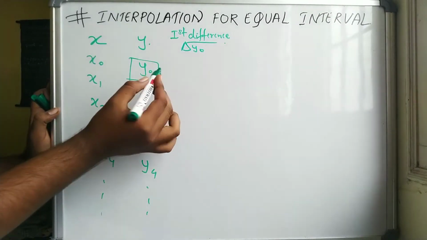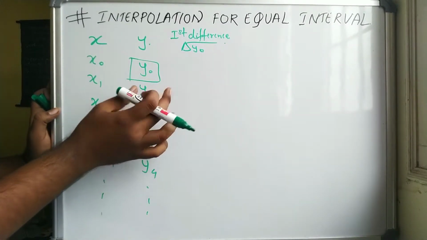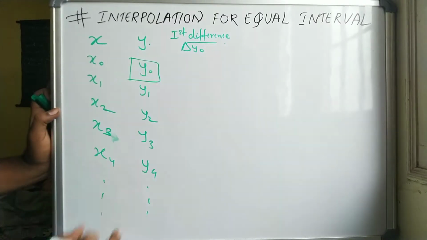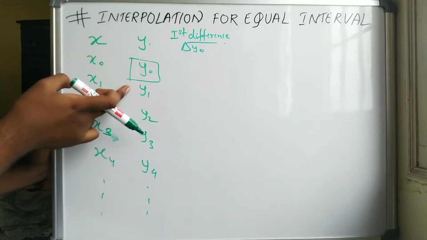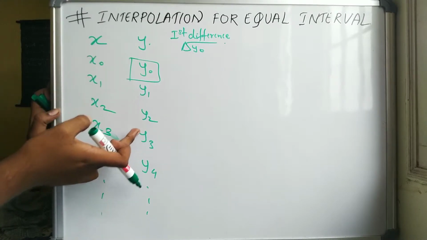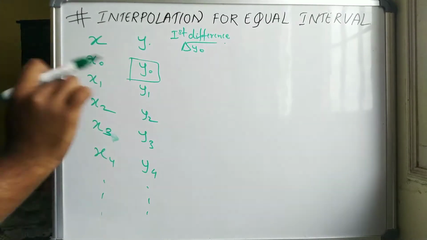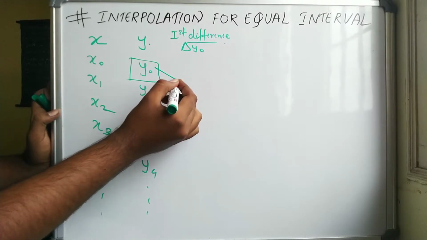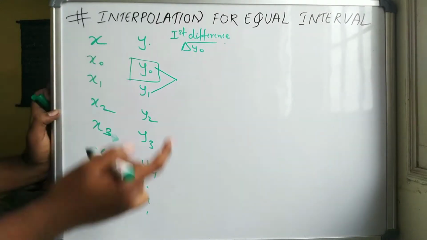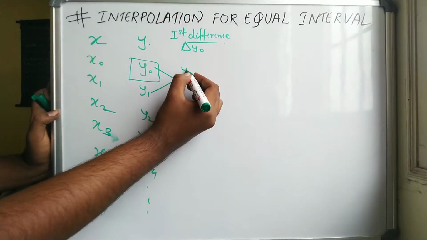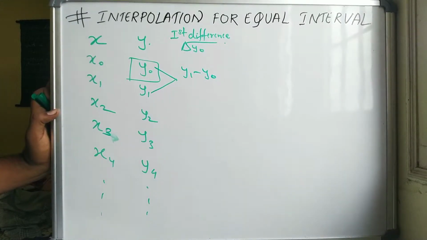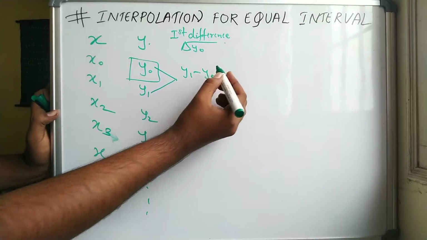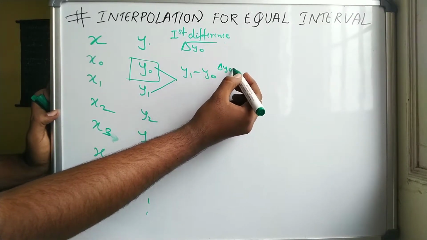What you have to do is subtract the upper one from the lower one: second minus first, third minus second, then fourth minus third, like that. So you subtract y1 minus y0, and that will be delta y0.